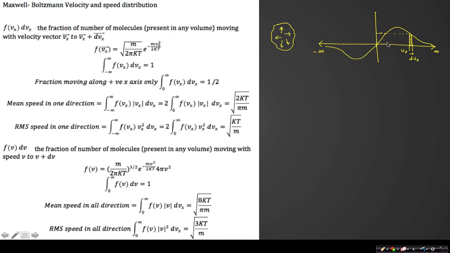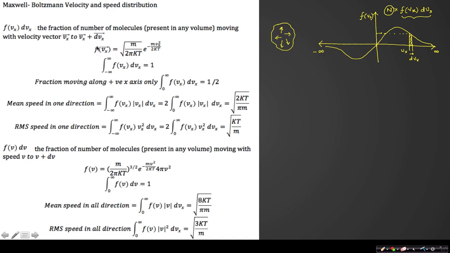How? This number can be found by multiplying the total number of molecules present in that particular volume, N, by the fraction given by the function f of Vx into dVx. Right? So this is the fraction of the total number of molecules that are moving with a velocity in the range Vx to Vx plus dVx.